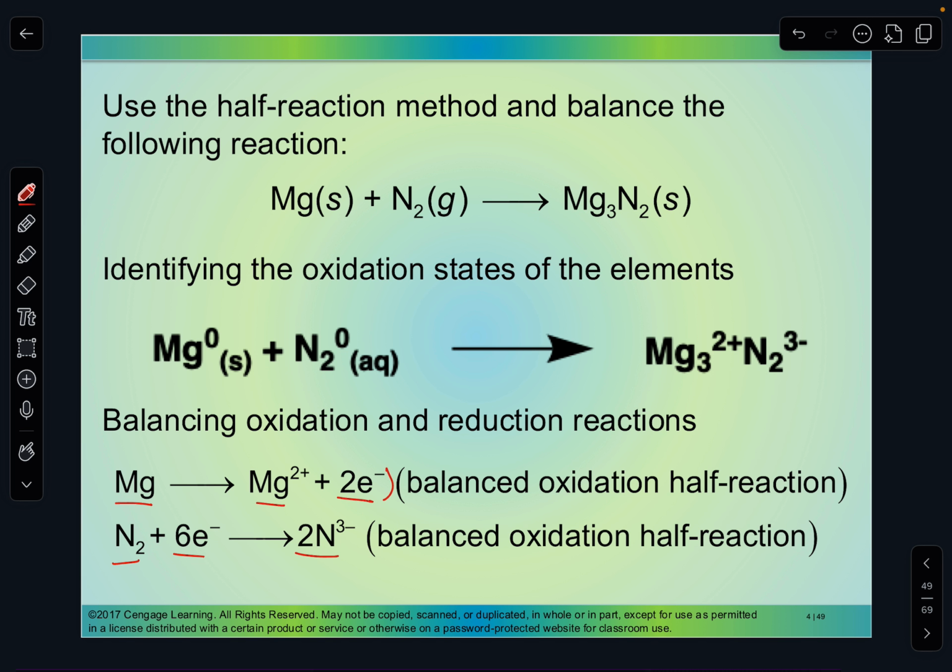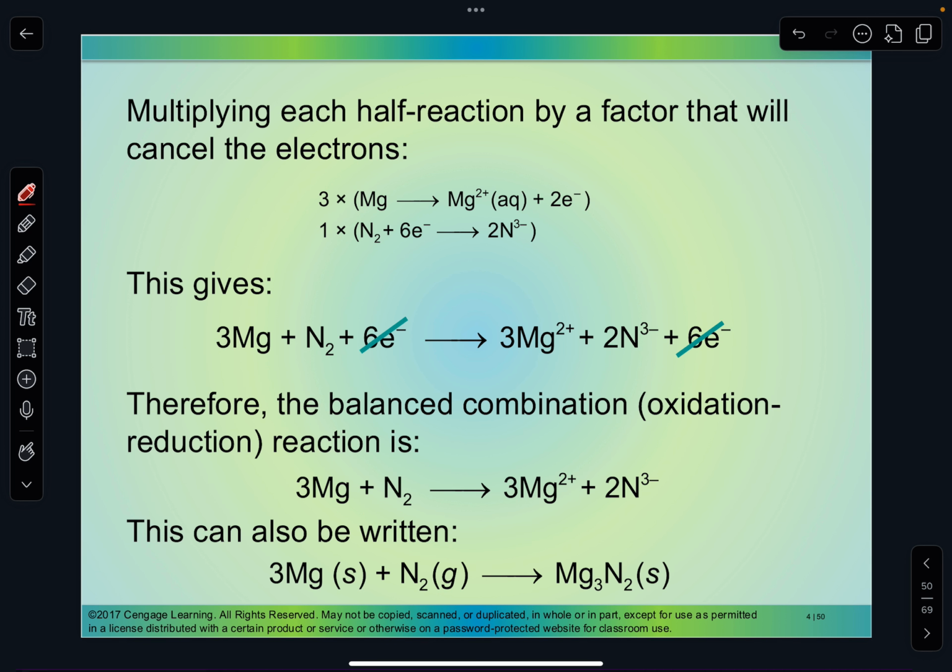And so we're going to have to multiply this by 3 because 2 electrons times 3 equals 6 electrons, and there's 6 electrons down here. In order to combine them, that's what we have to do. We multiply it by 3, and then we are left with 3Mg going to 3Mg2 plus plus 6 electrons, and N2 plus 6 electrons going to 2N3 minus. The electrons are then going to cancel out, and we're left with the balanced reaction here. And then we will recombine all of the ions, and we will get this.